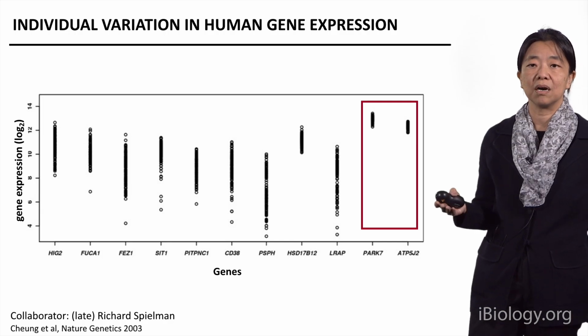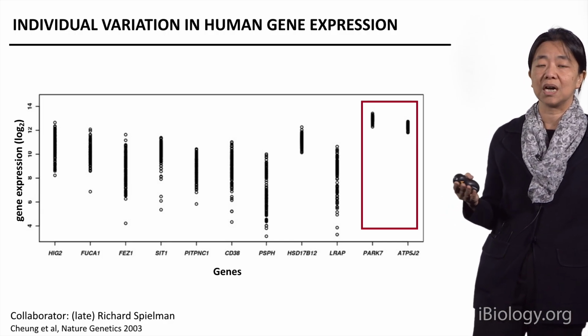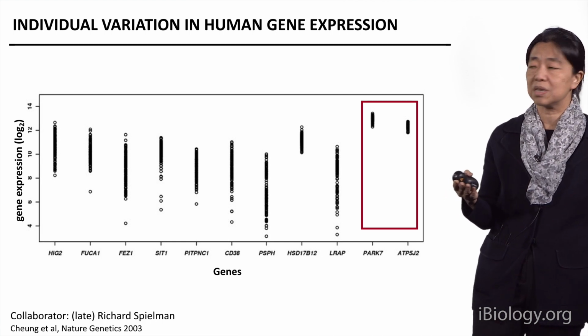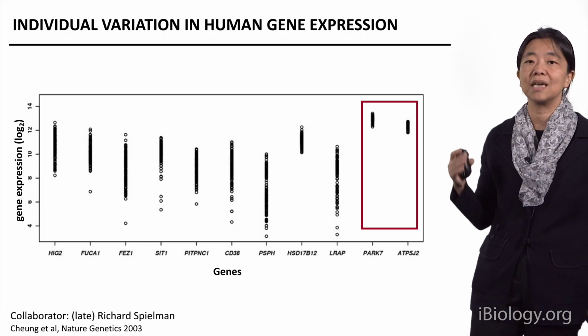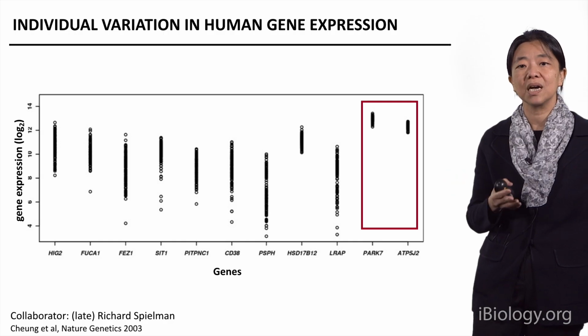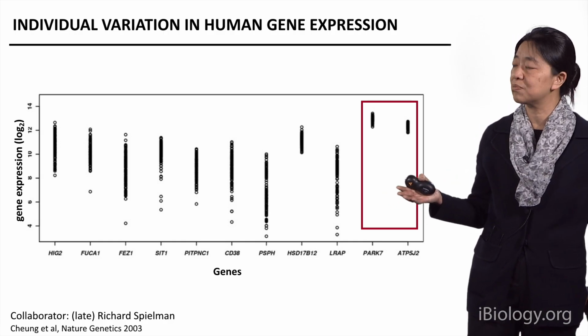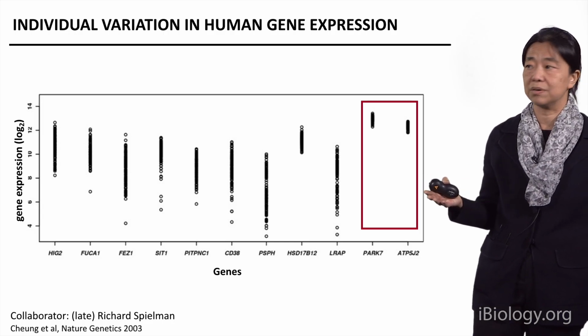Shown here are examples of genes that showed very little variability across individuals, such as Parkin7 here, where between the individual with the lowest and the individual with the highest expression level, the range is very small. Whereas in the rest of the genes, as representative examples, we see a tremendous amount of variability.